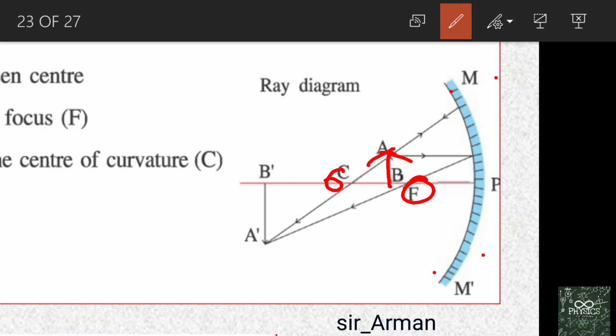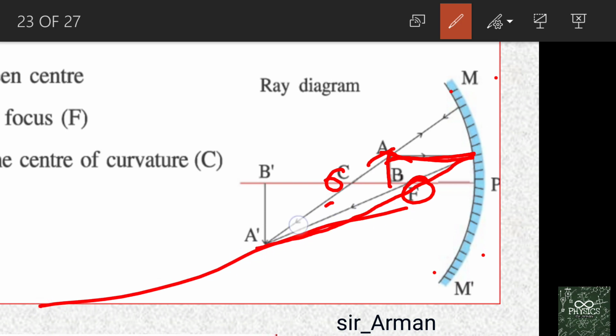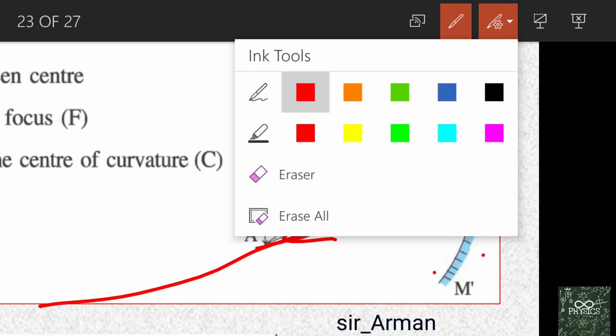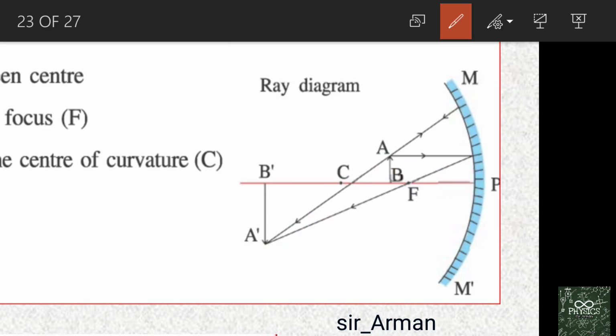So we assume that one ray is going parallel, that is rule number 1. So the parallel rays after reflection will go from the principal focus. So it is going in this direction, right? And a ray from this point is going like this, right? If you trace back, it is passing from the center of curvature.